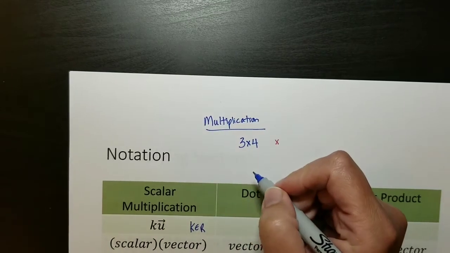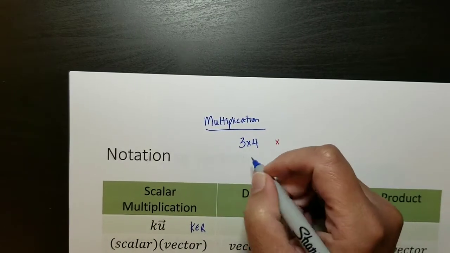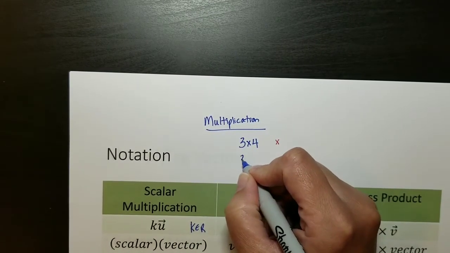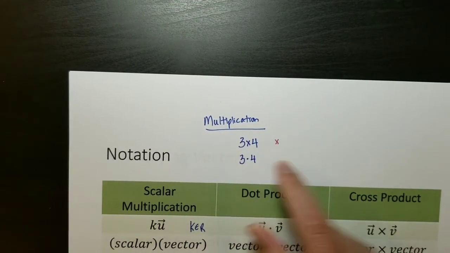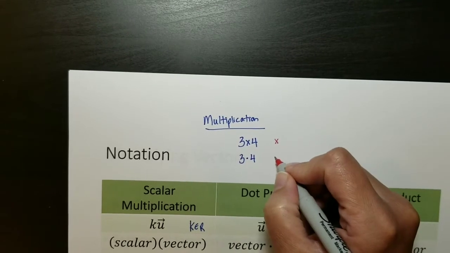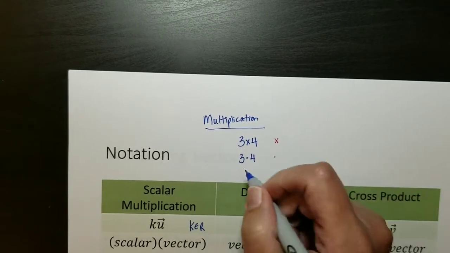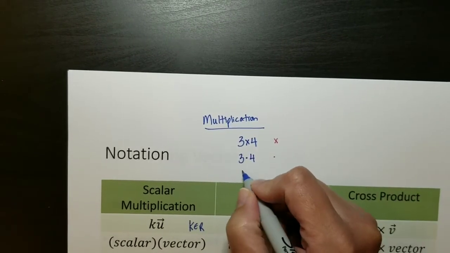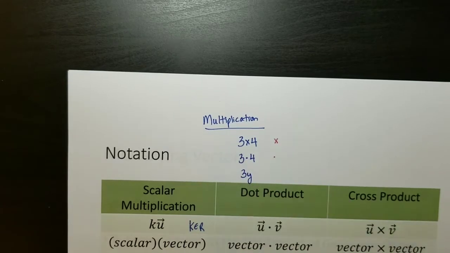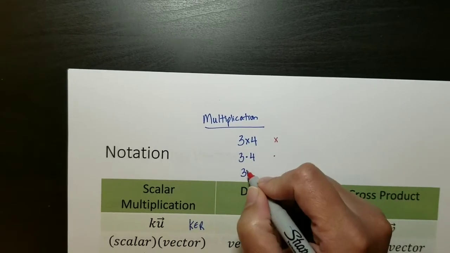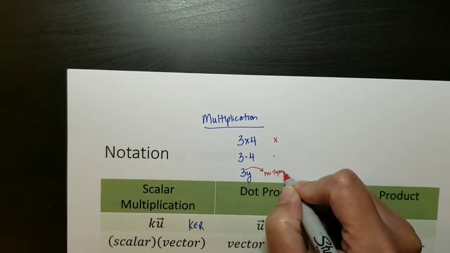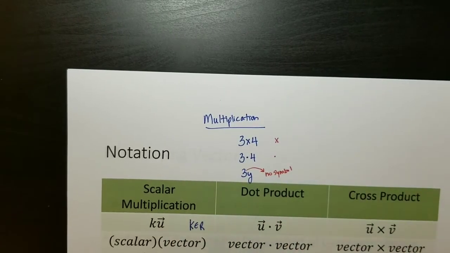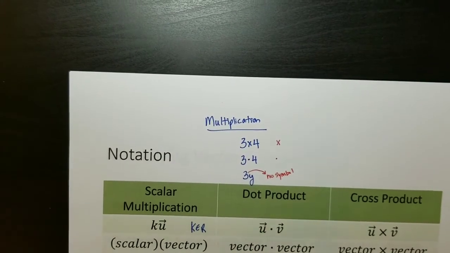Once we start working with algebra, sometimes we use a dot in between to symbolize multiplication. And sometimes you might just have something like 3y, with no operation or symbol. Those are all different ways of writing a multiplication operation.